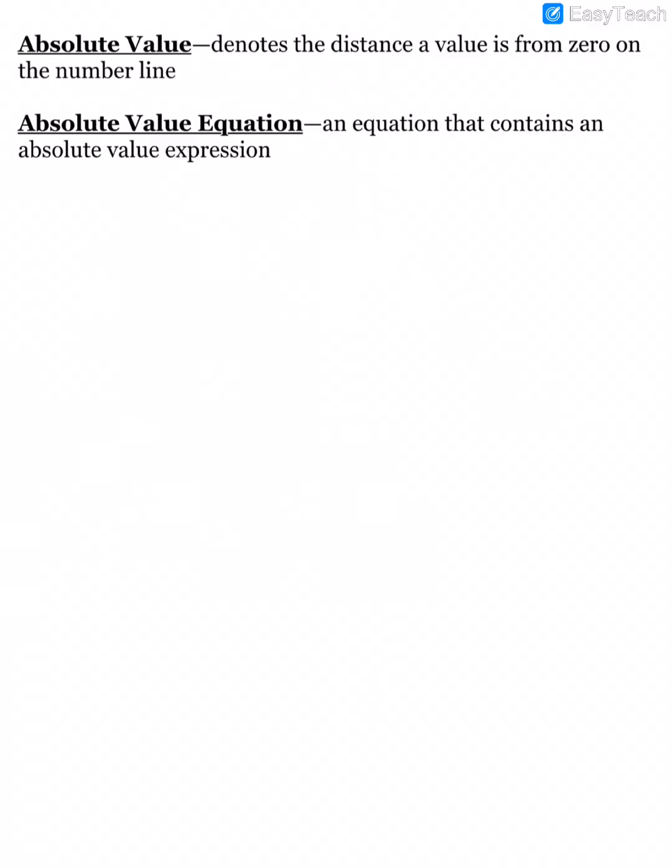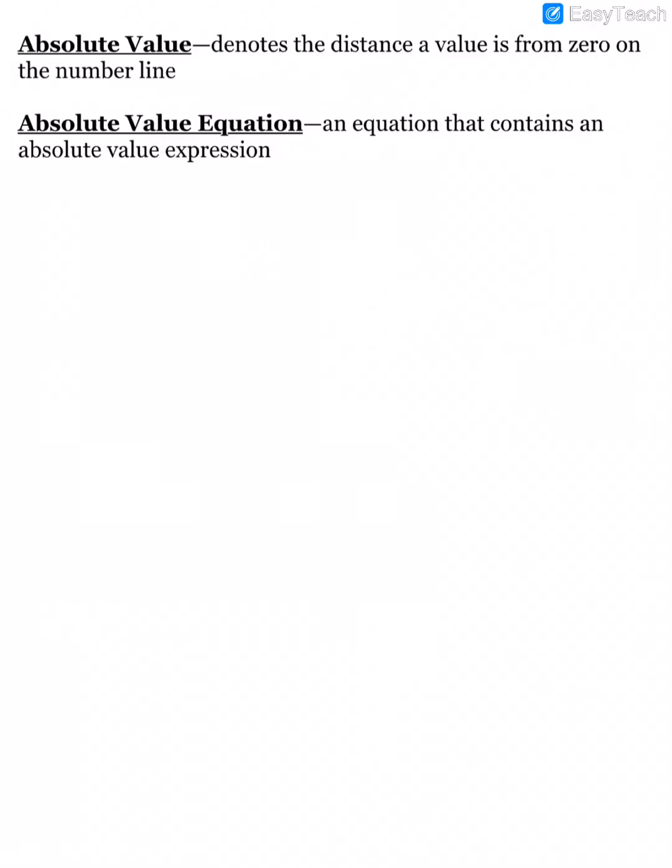Since we're talking about distance, it can never be negative. If I ask, what is the absolute value of 5? The answer would be 5 because it's 5 spaces from 0. If I asked, what is the absolute value of negative 5? It would still be 5 because negative 5 is 5 spaces from 0 on the number line. We can't have a negative distance.